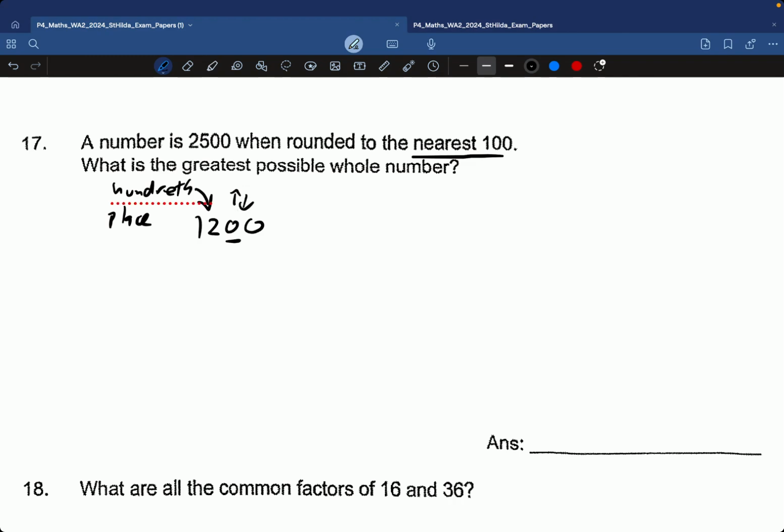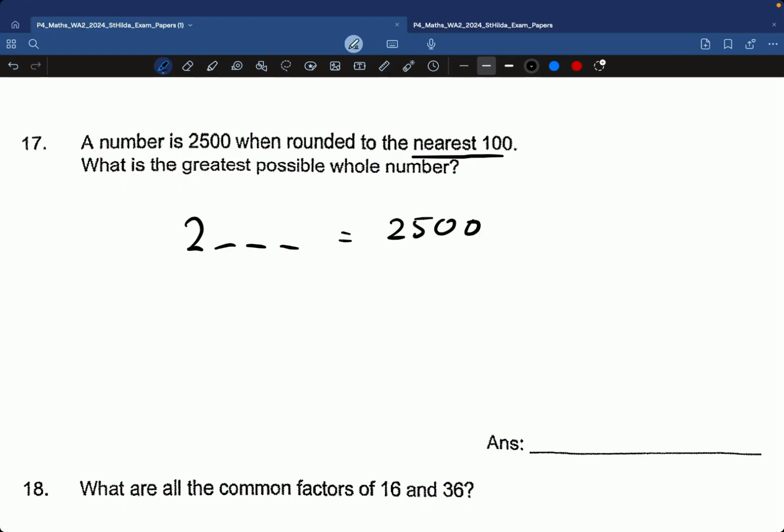Okay, so that means we need to know what is the greatest number that is equal to 2,500 in this case over here, right?